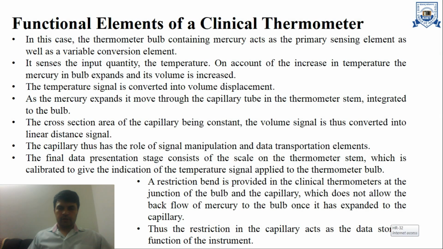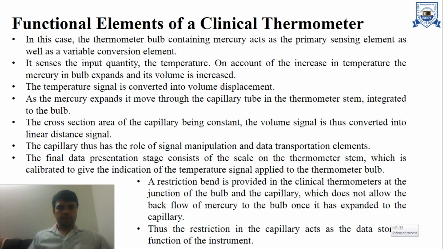As the mercury expands, it moves through the capillary tube in the thermometer stem integrated to the bulb. The cross-section area of the capillary being constant, the volume signal is thus converted into a linear distance signal. The capillary thus has the role of signal manipulation.